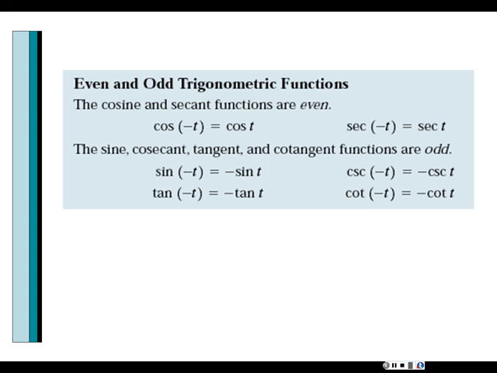Let me remind you of the definition of even and odd functions. In the case of every even function, f of minus x is going to be f of x. Okay. Now, as you can see from here, only cos and sec follow this property.